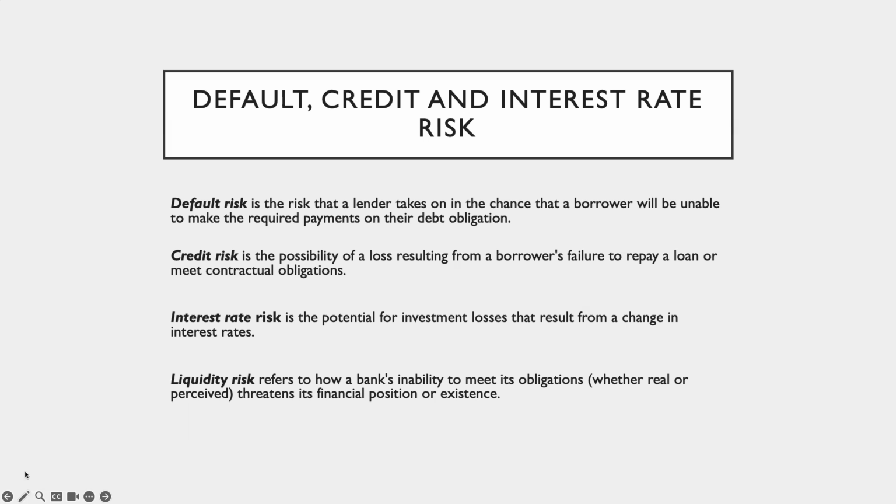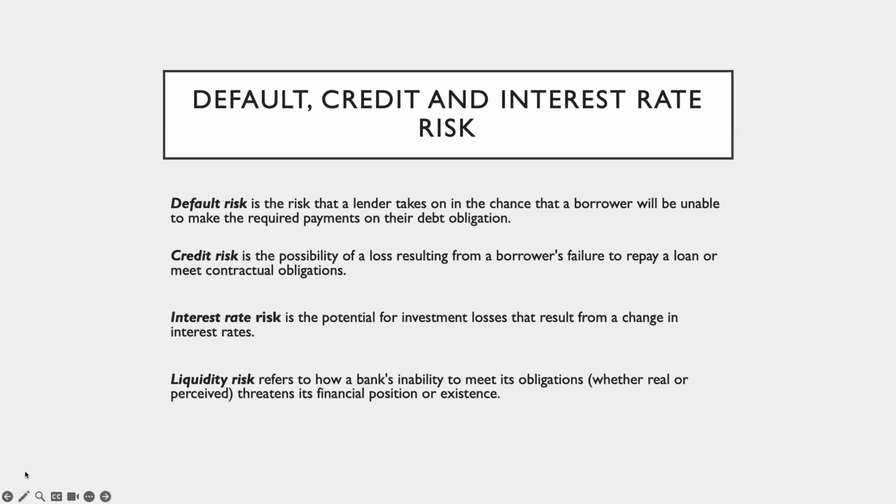So, if a particular borrower has defaulted on a loan, credit risk arises from the side of the lender because they have exposed themselves to a possible loss because of the defaulted loan by the borrower. Third, interest rate risk.